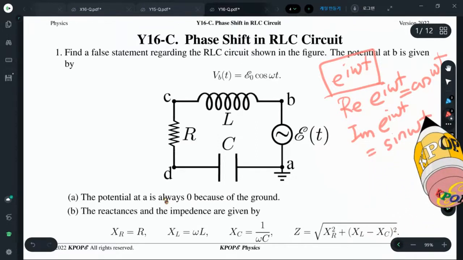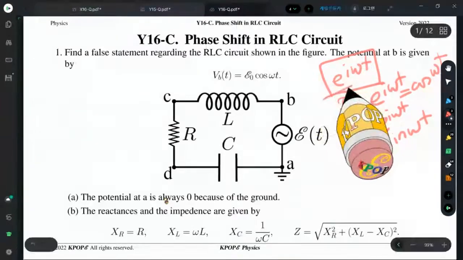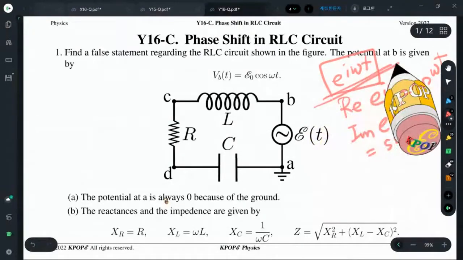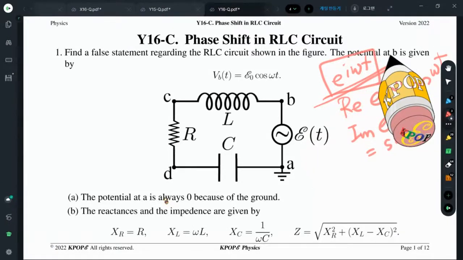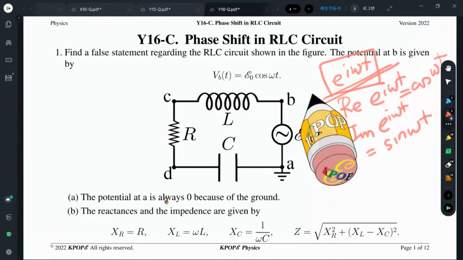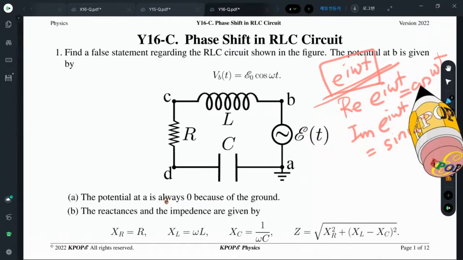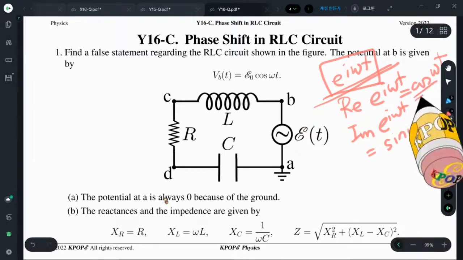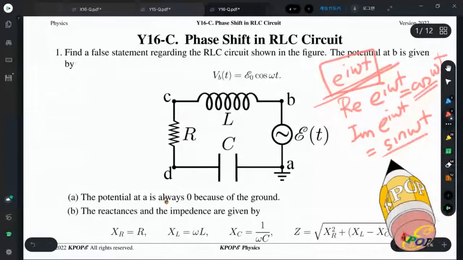So derivation of the general formula is usually done by making use of e to the i omega t, but it is always possible to derive every expression by making use of either cosine or sine.